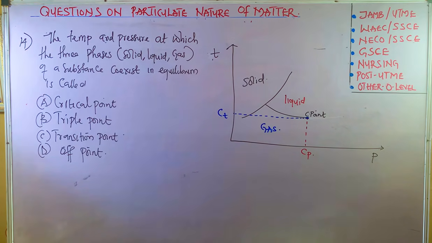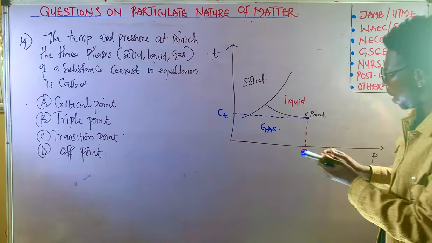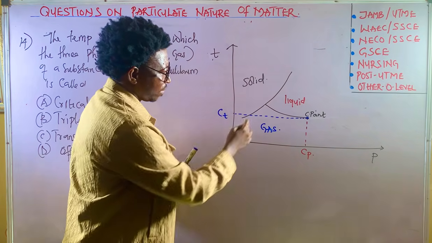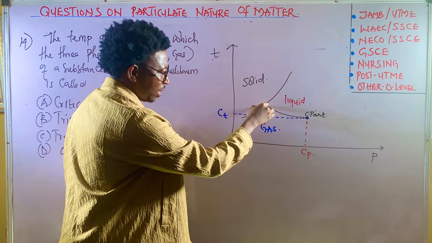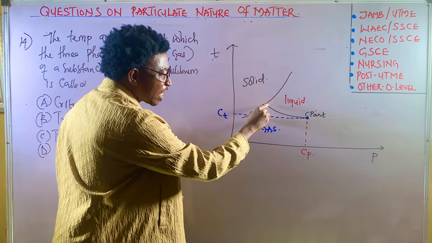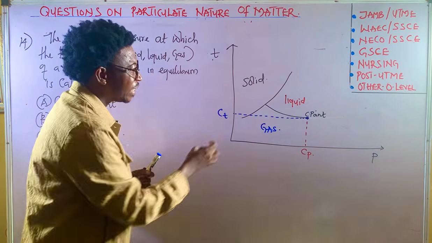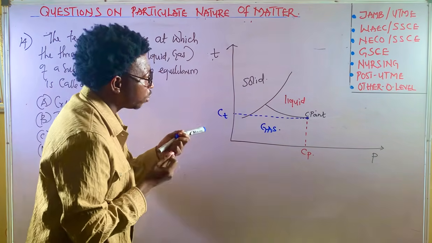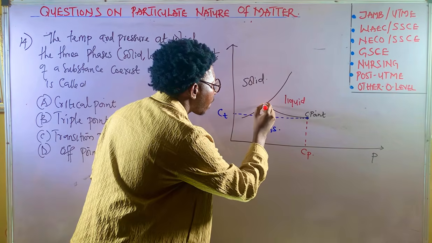Now, there's also another point where the three phases coexist. If you trace gas to this point, downward is gas, this same point to this side is liquid, and this same point to this side is solid. I'm going to point to this point here.